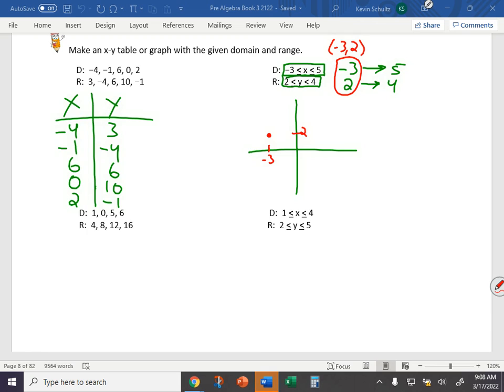Camille? 5, 4, right? The high X value and the high Y value, put those together to make an ordered pair. 5, 4, which also gets plotted on the same coordinate plane. And so 5 is going to be right about there, 4 maybe right about there, right? 5 on X, 4 on Y.